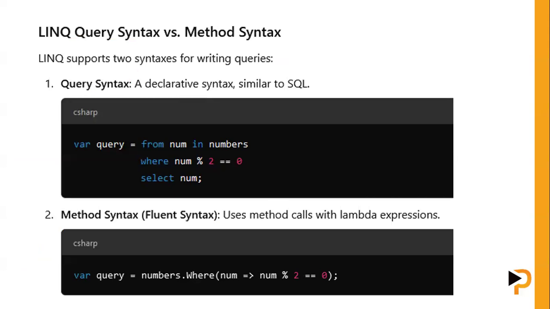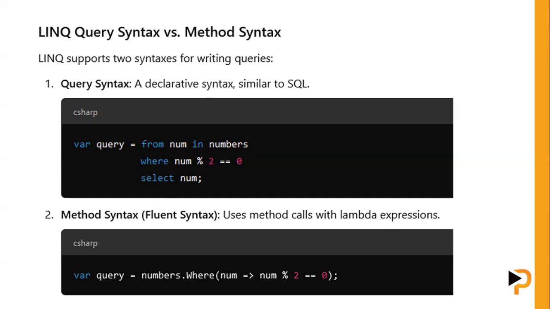Now, LINQ query syntax versus method syntax. LINQ supports 2 syntaxes for writing queries. The first one is the query syntax, the second one is the method syntax. Mostly, according to me, the query syntax is a little easier for me to understand, but it's the same thing. So: from number in numbers, and then you can go ahead with where.